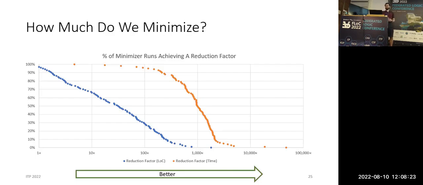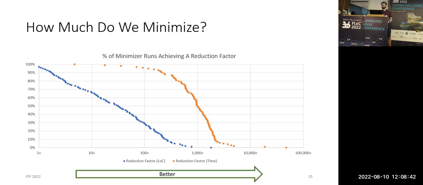An important proxy for how useful the minimization is, is how much we minimize. Here you can see the reduction factor in lines of code as well as in amount of time. And this is the percent of runs of the minimizer, of the successful ones, that achieve that much reduction.